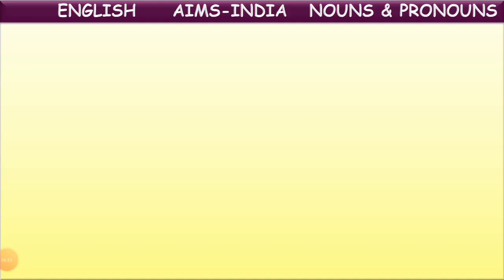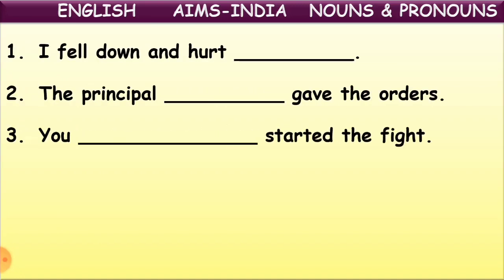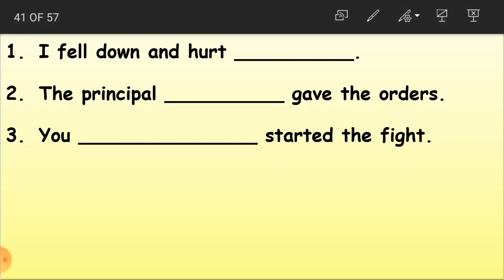Now we'll do some exercises on this also. I fell down and hurt dash. Now we have to fill it with the reflexive pronoun. I fell down and hurt what? We have to make it myself.